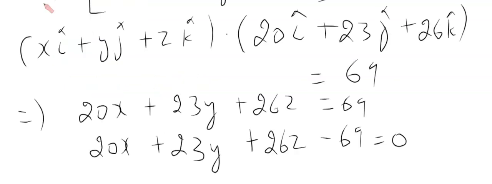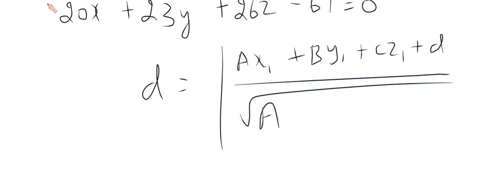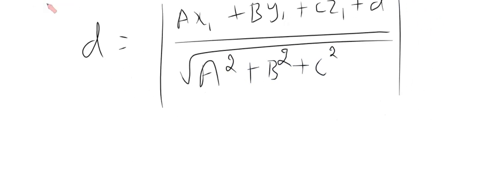Now we know the formula for perpendicular distance D is given by modulus of ax1 plus by1 plus cz1 plus d divided by root of a squared plus b squared plus c squared. So this is the formula for the perpendicular distance. So here, since it passes through the origin, x1, y1 and z1 is 0, 0, 0.